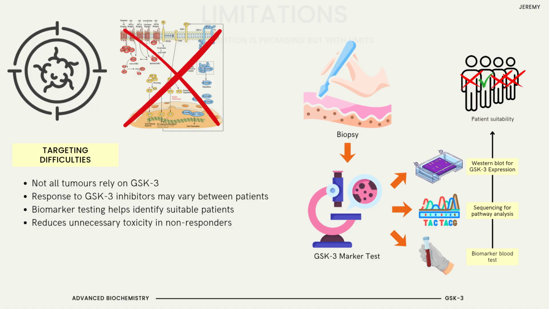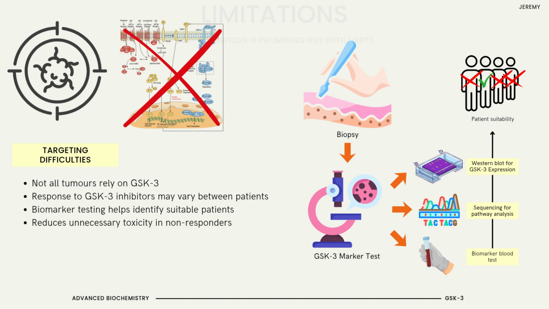Another important limitation of inhibiting GSK-3 beta is targeting difficulties. So as we all know, not all tumors will actually rely on GSK-3 beta. There may be other mutations that cause tumorigenesis in the first place. So response to GSK-3 beta inhibitors may vary between patients because each patient will have their own tumor type. So it is better for us to do biomarker testing so that we identify which patient is suitable for GSK-3 beta inhibition therapy.